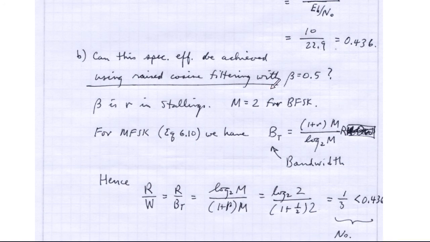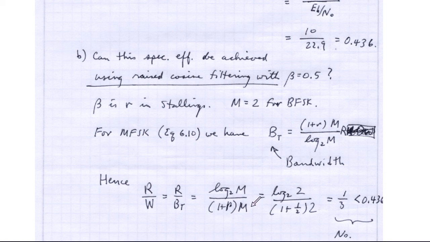Therefore, R over W, which is the data rate divided by the bandwidth, and bandwidth is called BT up above, is simply log 2 of M over (1 plus R) times M. Plug into that and you get 1/3.